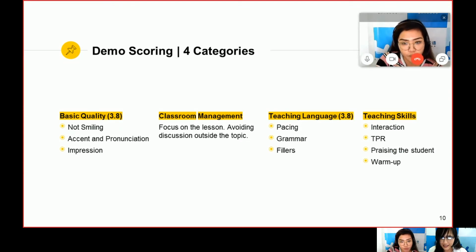First is basic quality. Not smiling, so probably you get below the 3.8, because in the whole class, all throughout the class, we need to smile. And then the accent and pronunciation is really important. You cannot expect that students will judge you by how many words you know, broader words that you know, but the important thing here is how you say it.